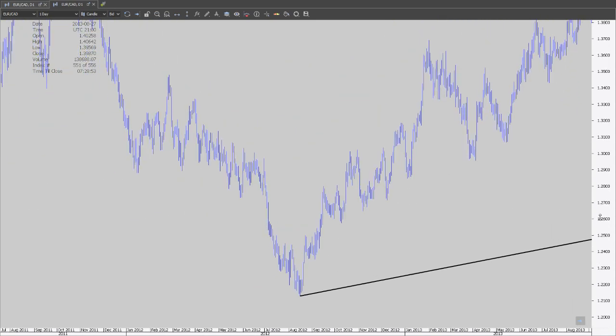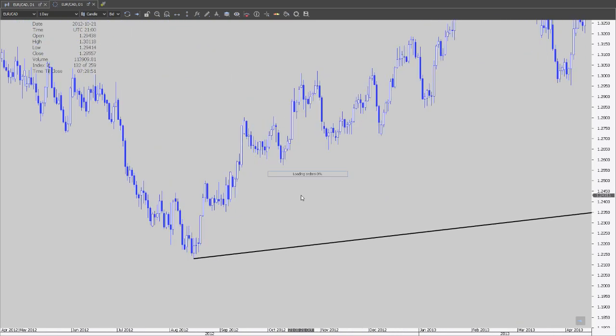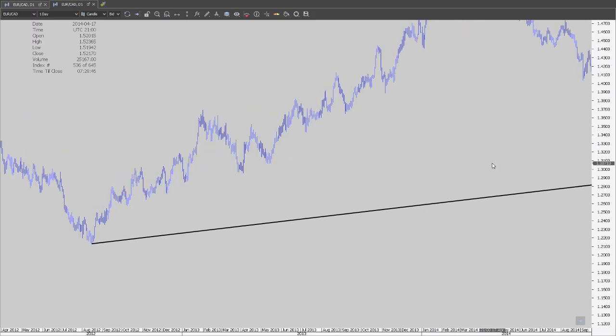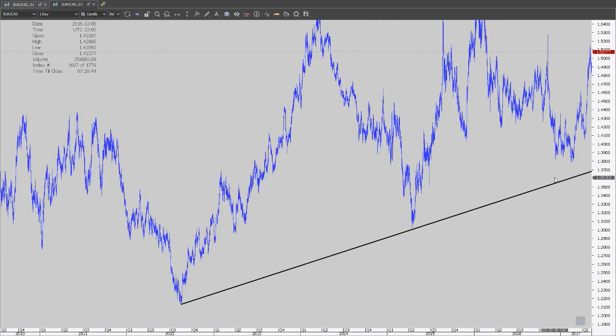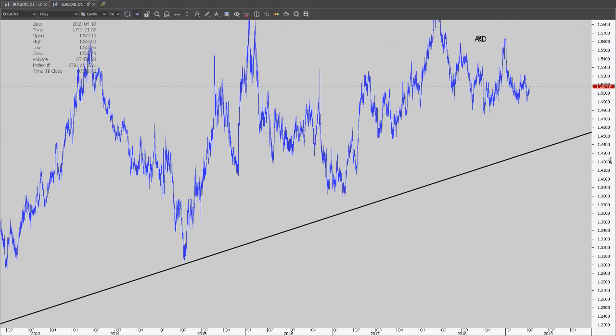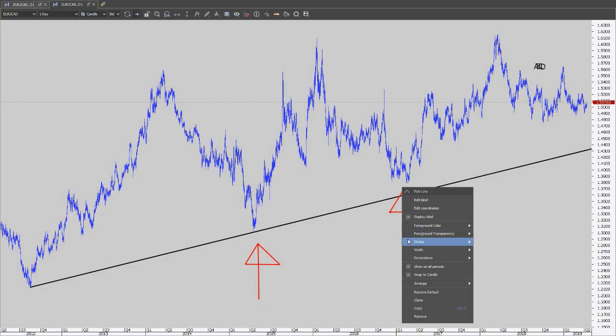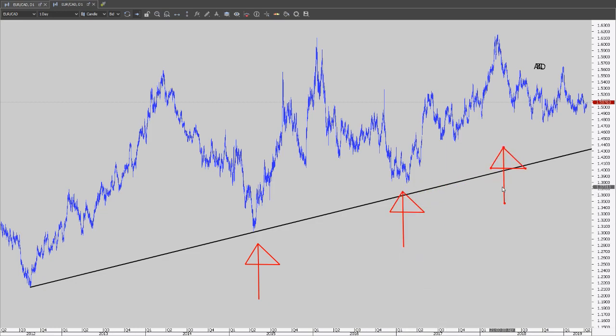So let's analyze the EuroCAD daily chart. And I'm telling you, everybody, if you start anywhere else, if you start in here or in here, this is wrong.